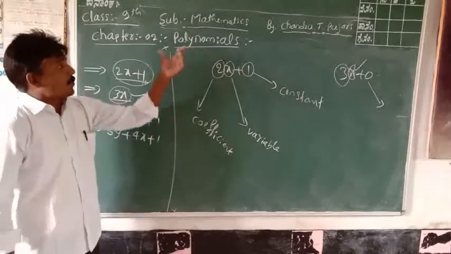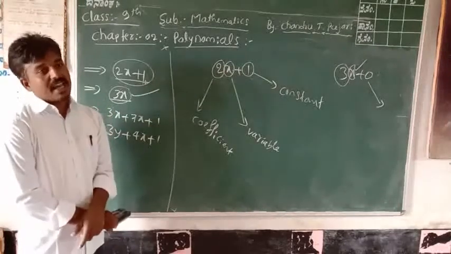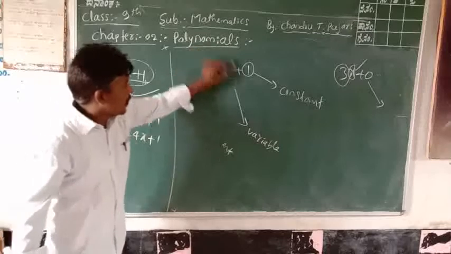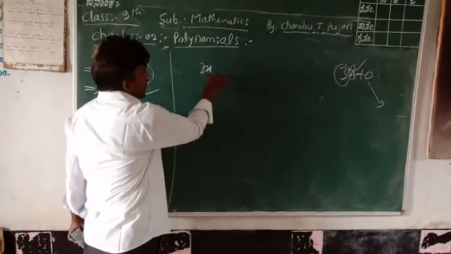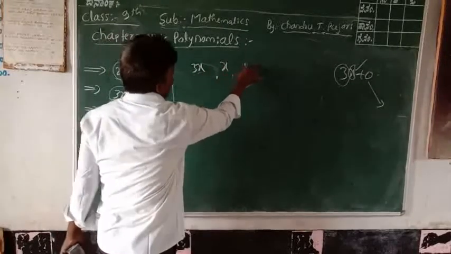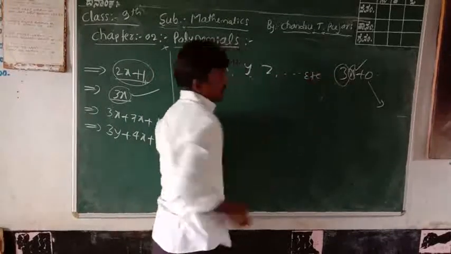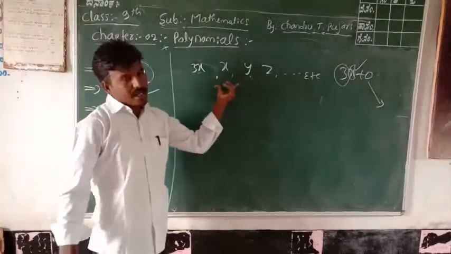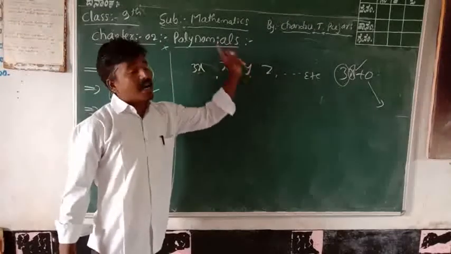In polynomials there are many types. For example, only 3x, or only x, or y, or z, and so on. You can choose any one variable: I can consider x as the variable, or y, or otherwise z.